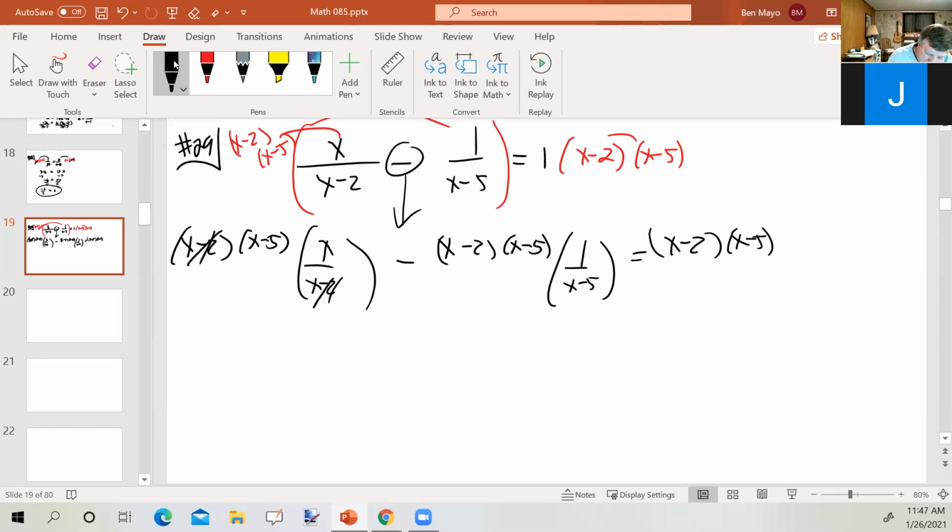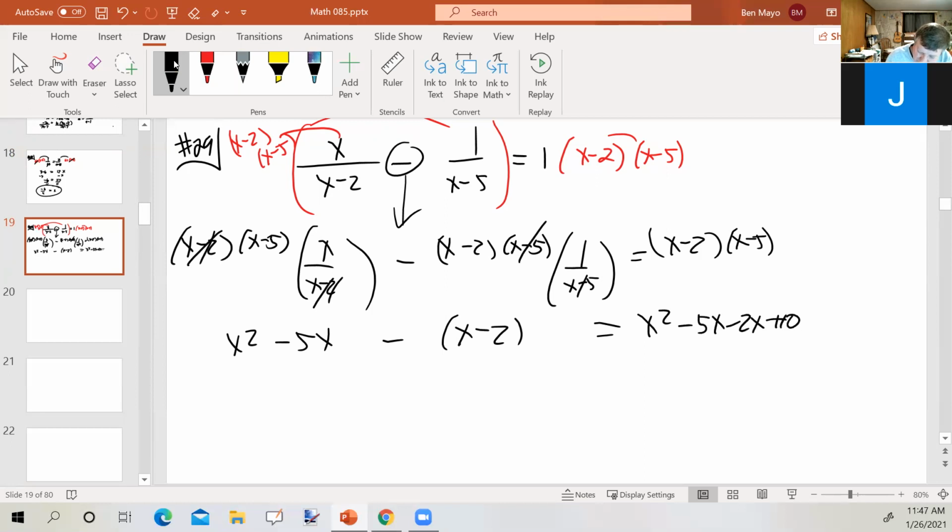Here the x minus 2's go away and we have x squared minus 5x. Here the x minus 5's go away and we have minus the quantity x minus 2. And over here we have x squared minus 5x minus 2x plus 10, foiling that all together.